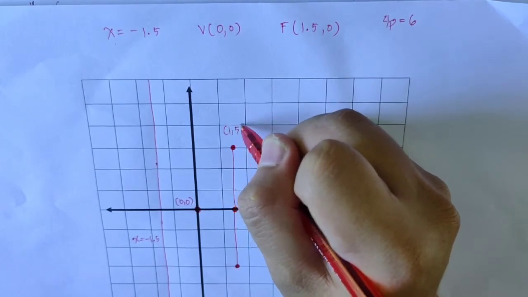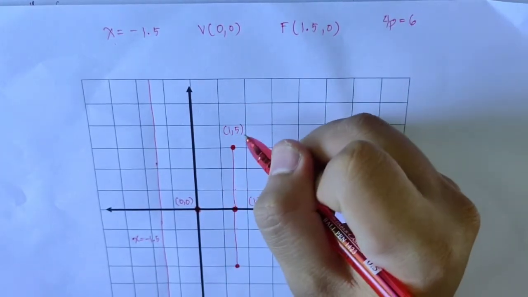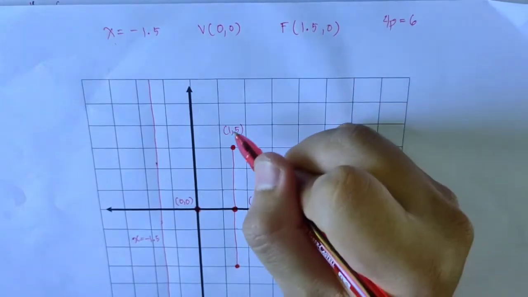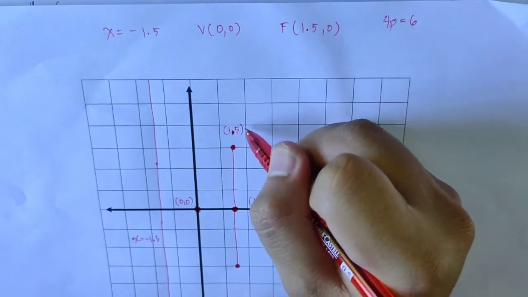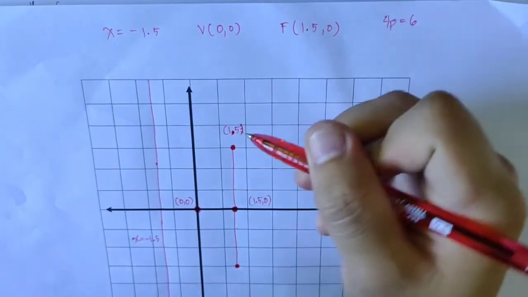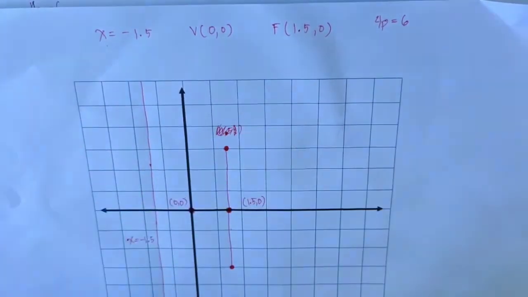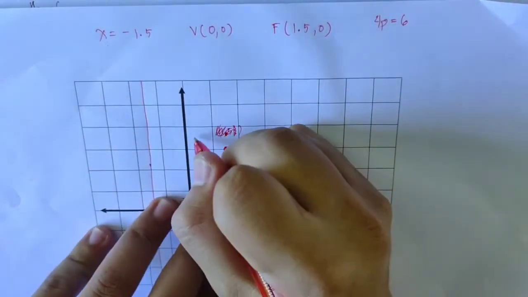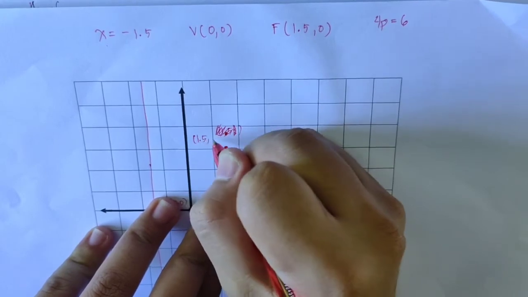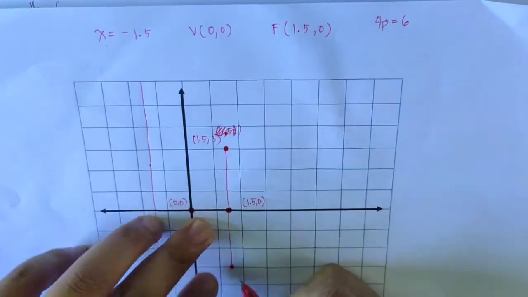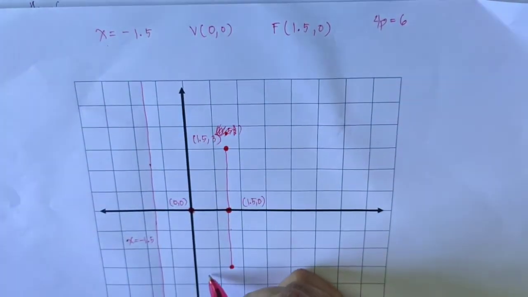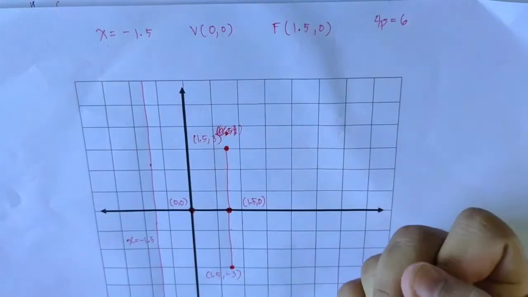Sorry, mali. 1.5 lang to. Ulit. Sorry. Okay. So, ito ay 1.5 and 3. Itong sa baba naman ay 1.5 and negative 3. Okay.